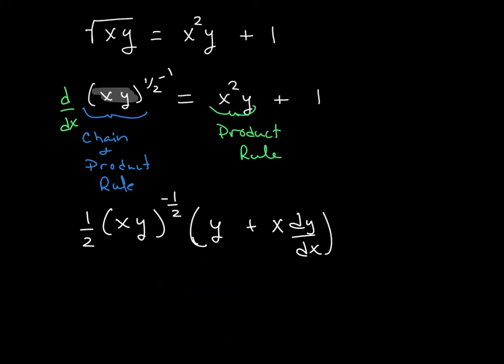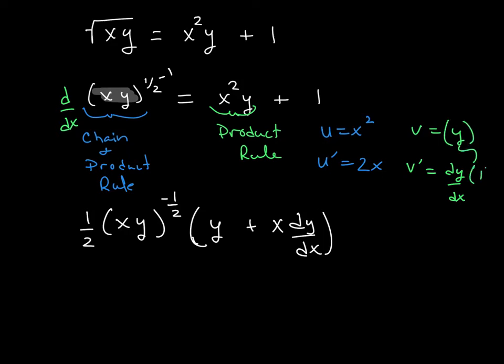And we are now going to focus on the next side, the product rule for x squared y. So using the same UV notation, if I let u equal x squared, the derivative is 2x. For v equal to y, the derivative of v with respect to x, I need to have the dy dx there, and then I multiply that times the derivative of y itself.